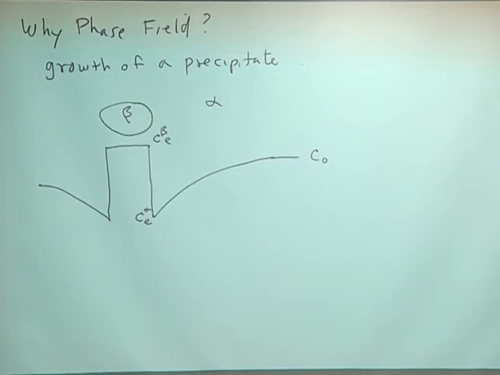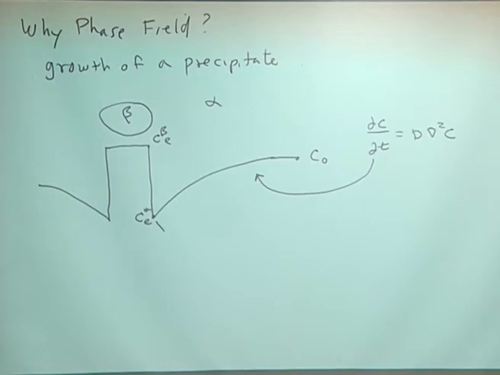This precipitate grows by diffusion, and so you have to solve a diffusion equation where D is a diffusion coefficient and t is time. So you have the diffusion equation that you have to solve in the exterior domain. You know what the boundary conditions are for the diffusion equation.